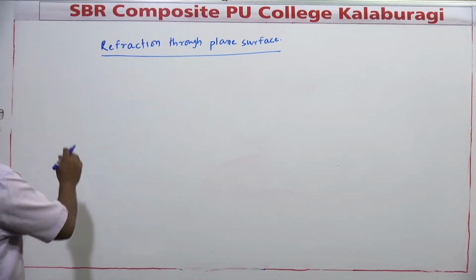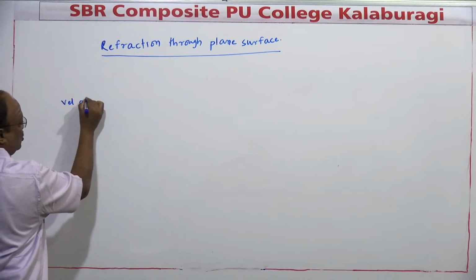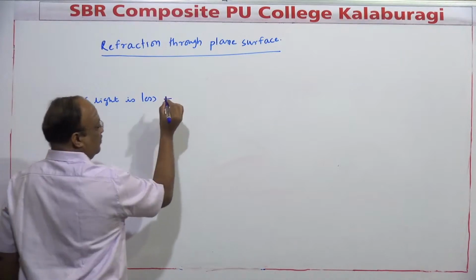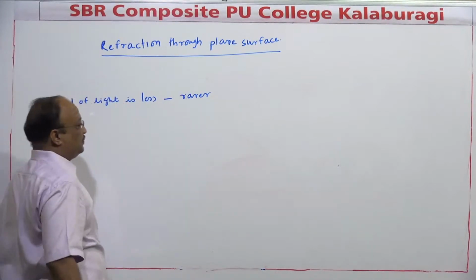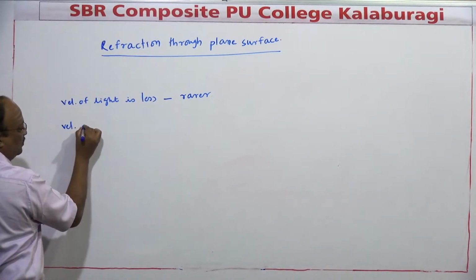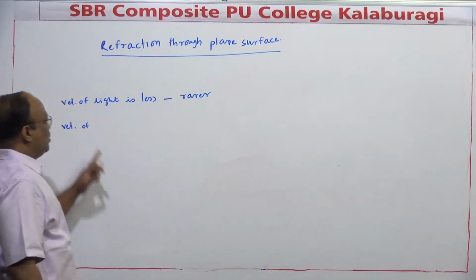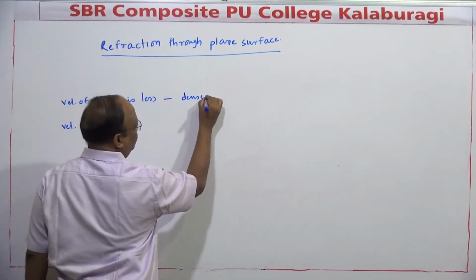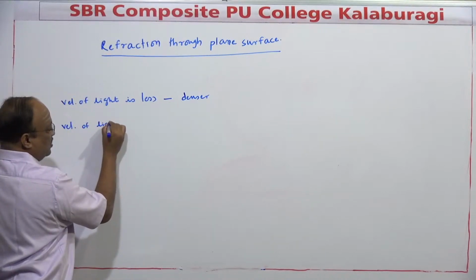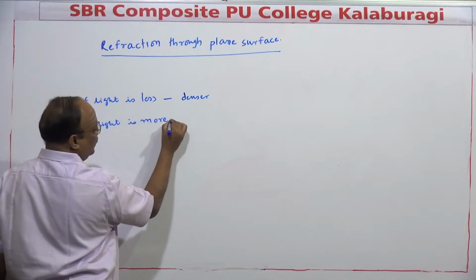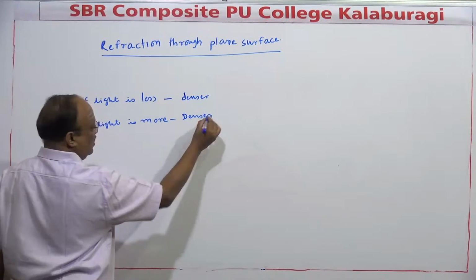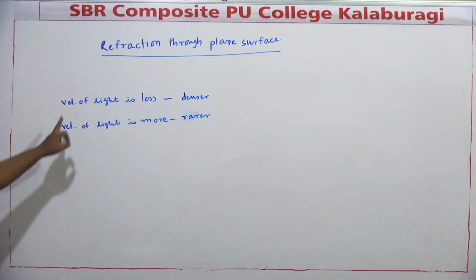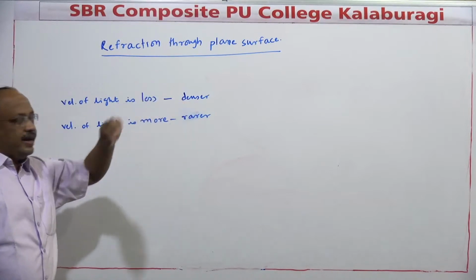So in the two media, the medium where the velocity of light is less, that medium we say is the denser medium. The medium where the velocity of light is more, that we say is the rarer medium. So where the velocity of light is less, that medium we say as a denser medium.